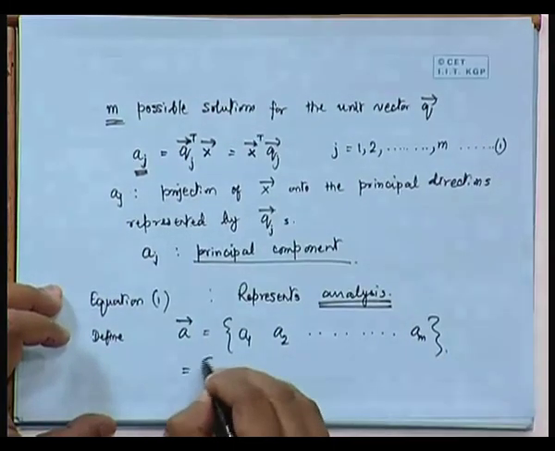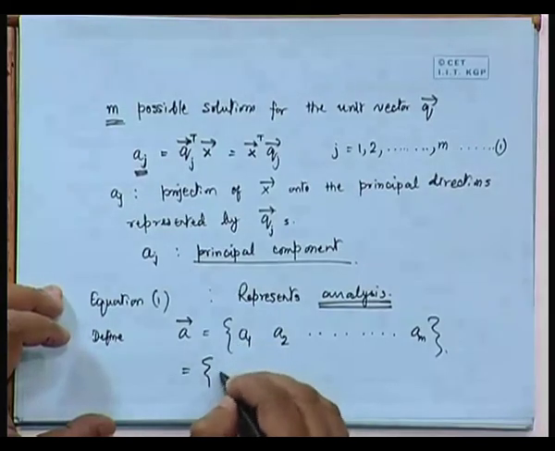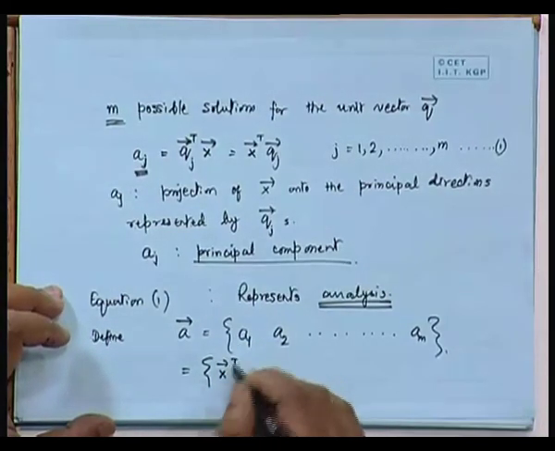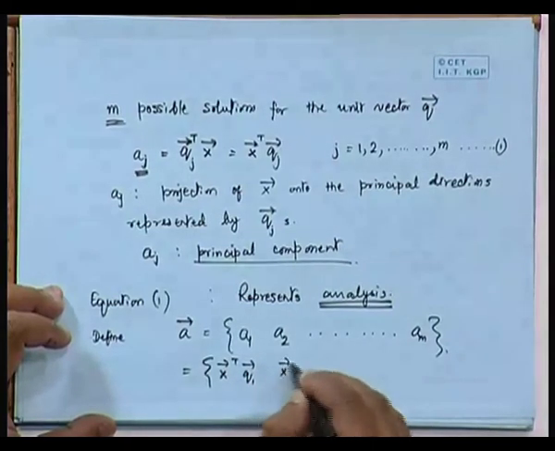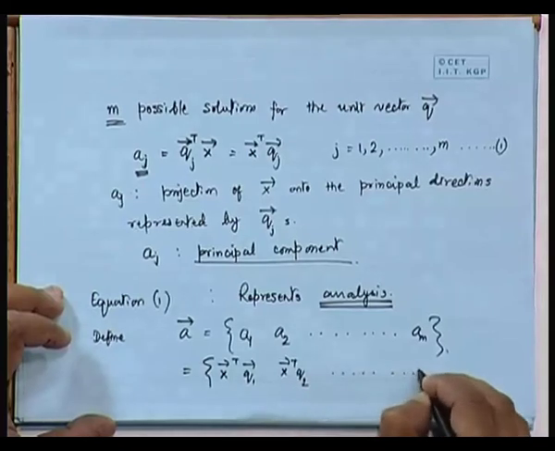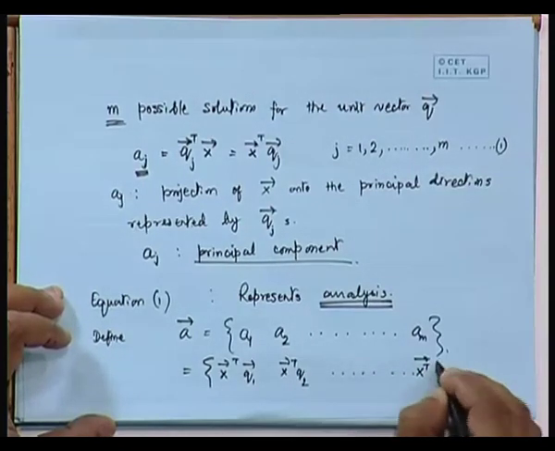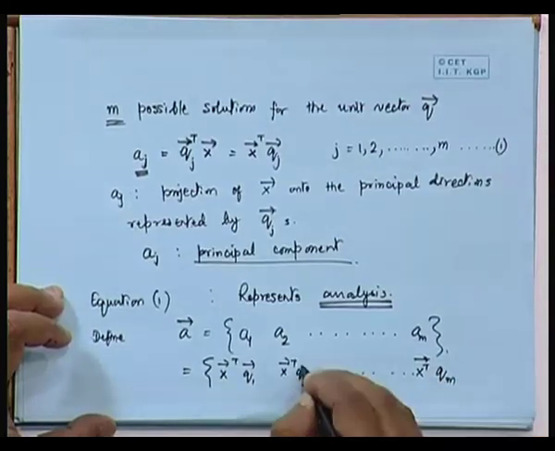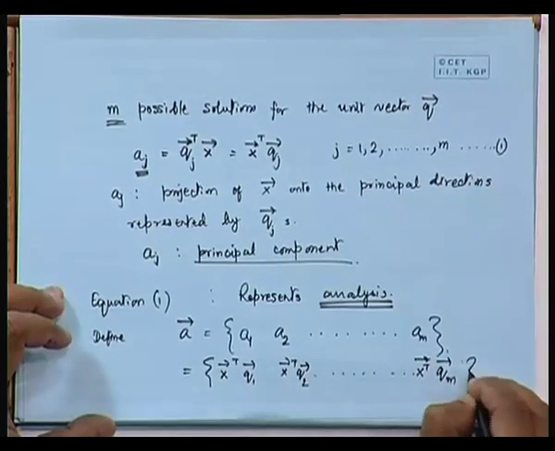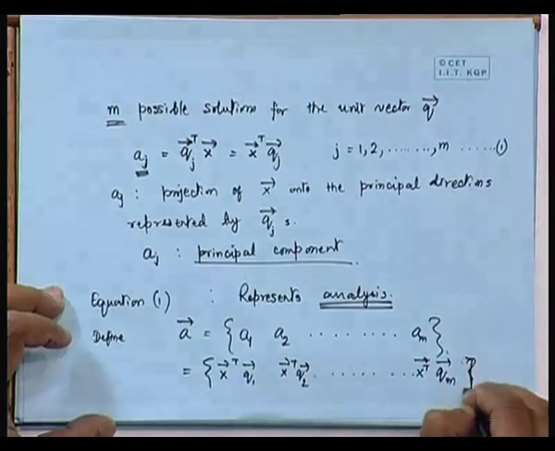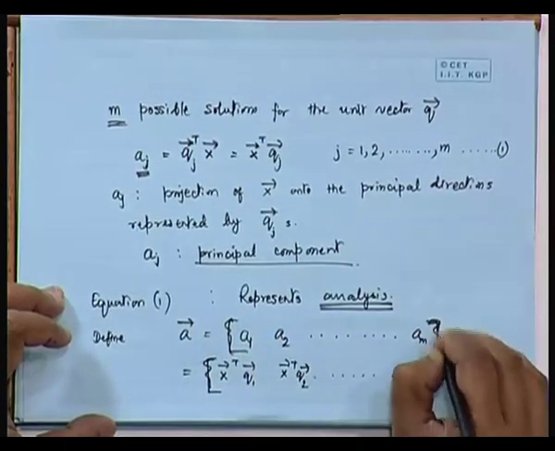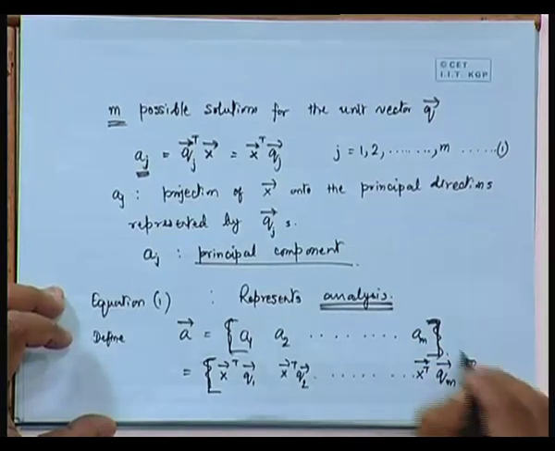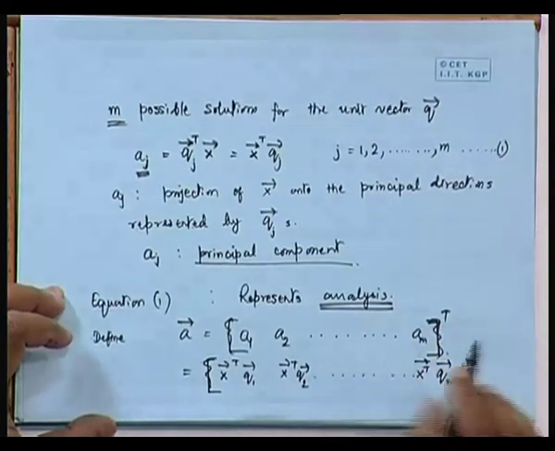In expanded form, one can write this as x transpose q1 vector, the second element x transpose q2 vector, and like that the mth element x transpose qm vector. Customarily, we should represent it with a square bracket, and this whole thing is a transpose.